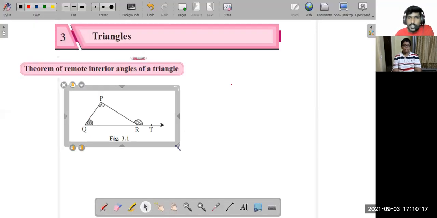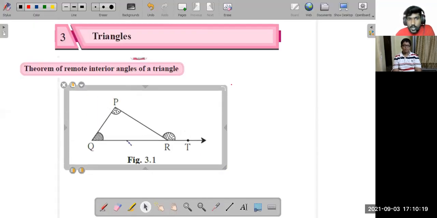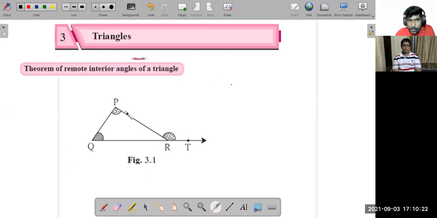Now if you see in this triangle PQR, the three angles P, Q and R are all inside the triangle, hence they are called interior angles. Clear?